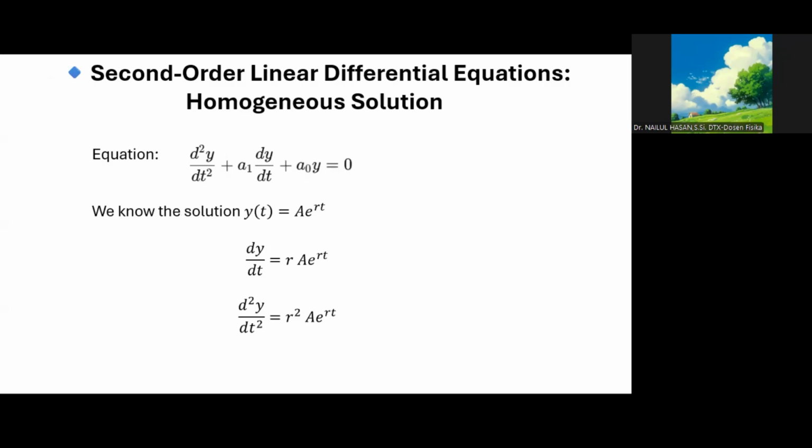If f function of time here is 0, we have homogeneous solutions. The solution of this differential equation, we can make a guess here, y function of time is a exponential rt, and then let's differentiate y, and then the second derivative we can get, and then let's put into the equation.